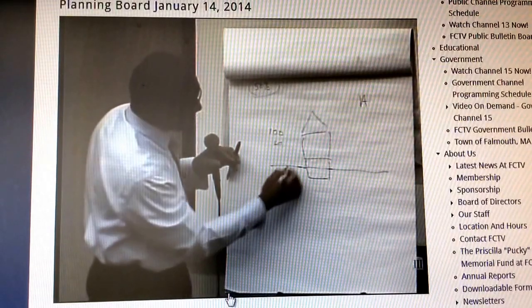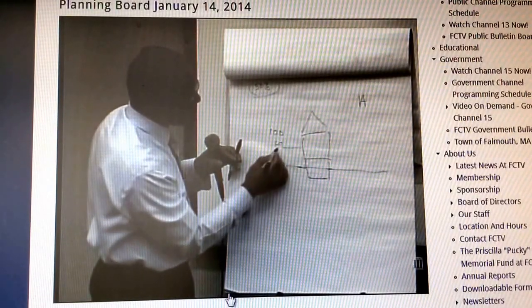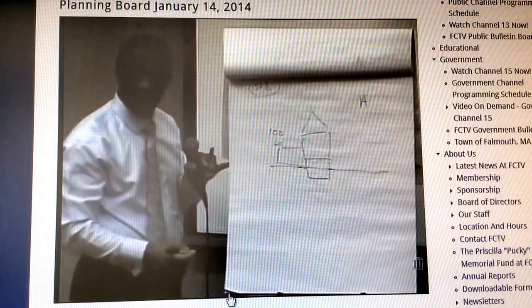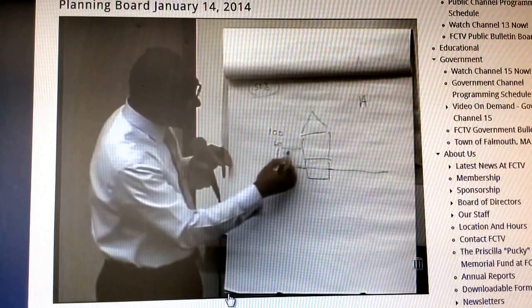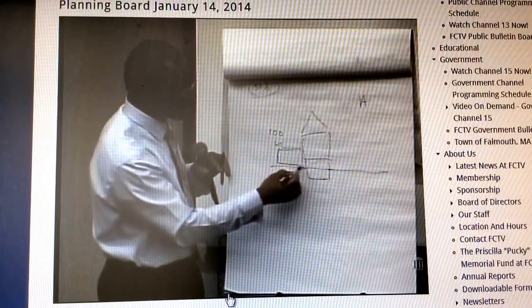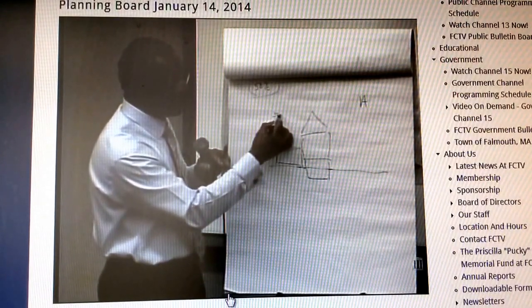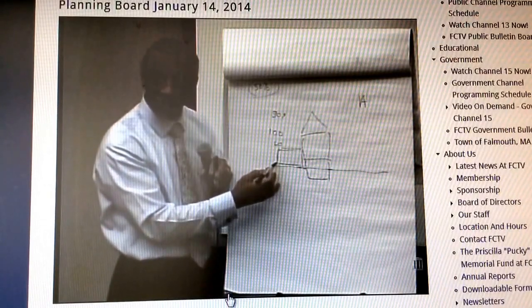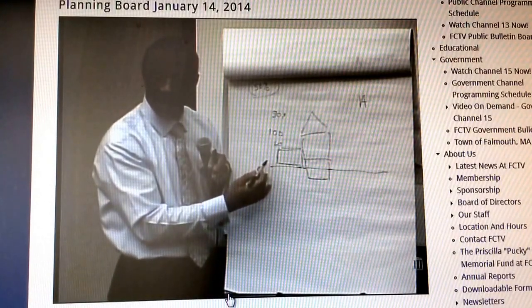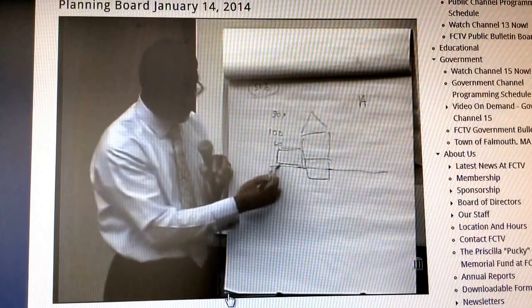Now, if, for example, you wanted to put a lateral addition onto a non-compliant structure, if that lateral addition is more than 50% of the assessed value of the structure, then the lateral addition would have to comply, not the entire structure, if it's lateral.